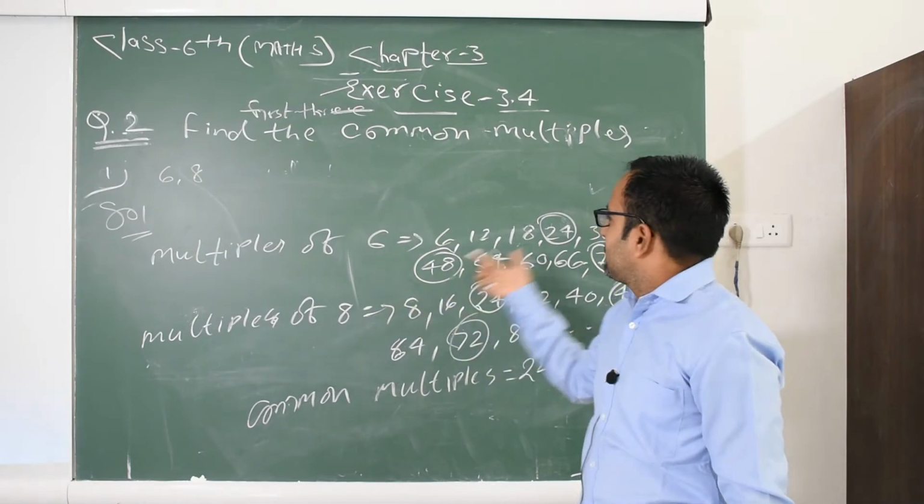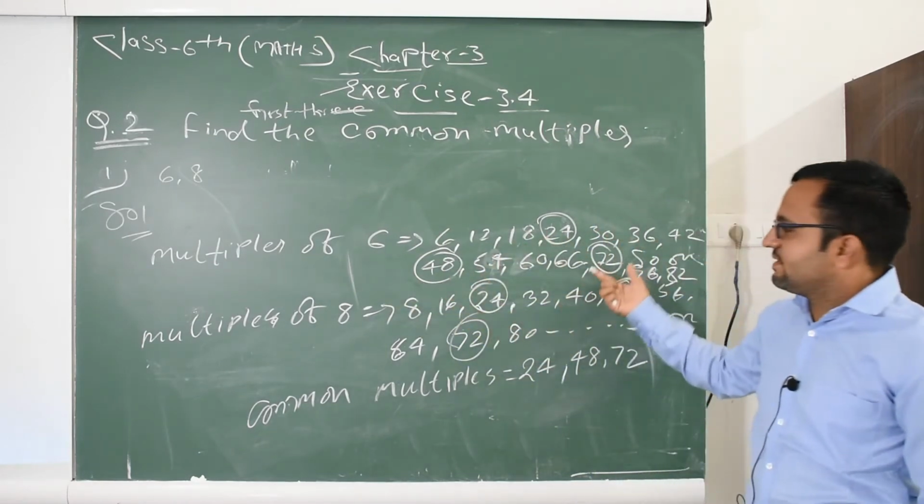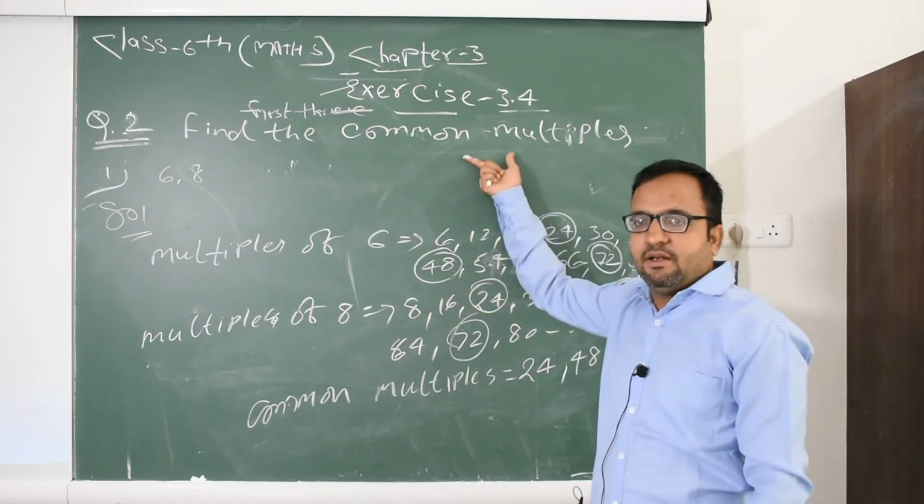So 24, 48 and 72 are your first 3 common multiples.